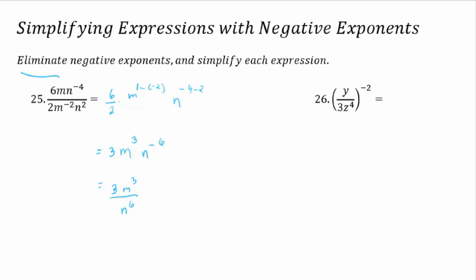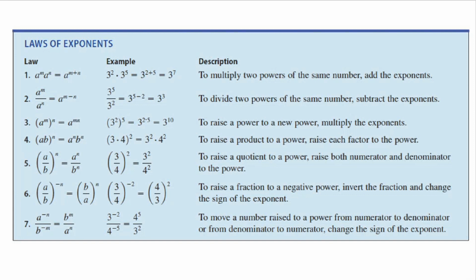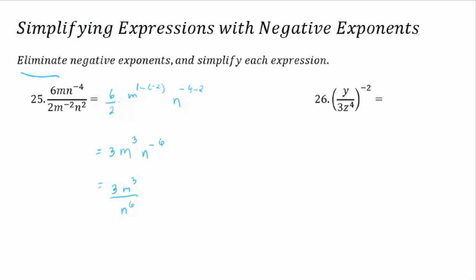And for number 26, we can apply the property of number 6, this one, a over b to the power of negative n. So therefore, I'm going to interchange the position of the ratio form. So I can write now as 3z raised to 4 over y, and then open and close parentheses to the power of 2.